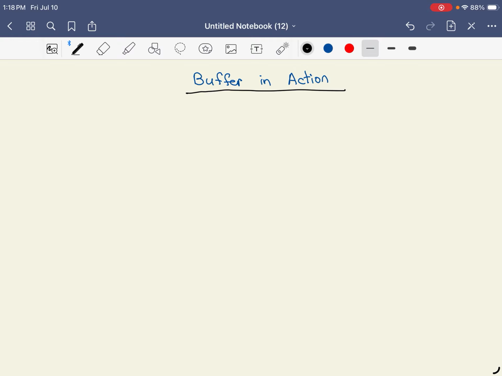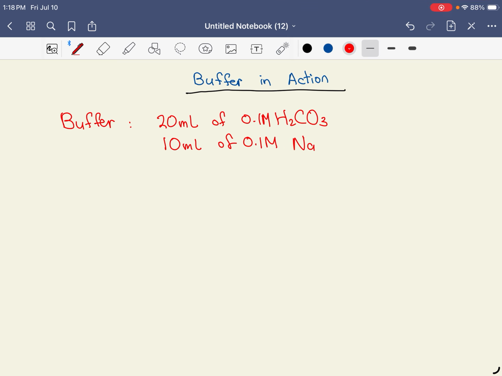I have a buffer. It's an acidic buffer, made up of 20 milliliters of 0.1 molar carbonic acid and 10 milliliters of 0.1 molar sodium bicarbonate.